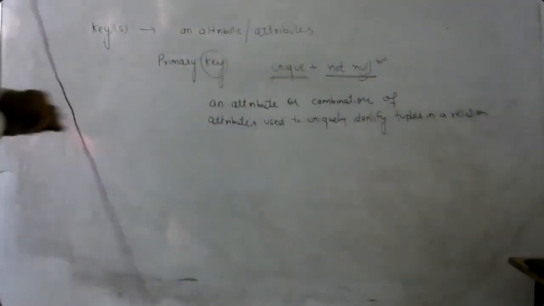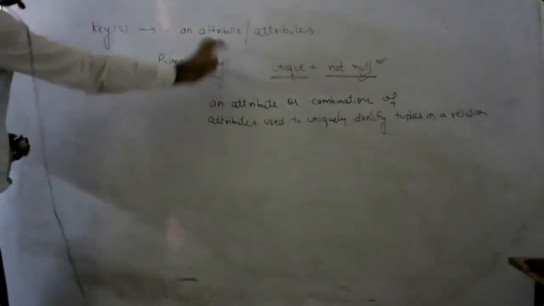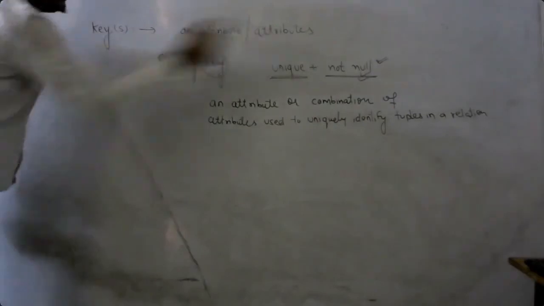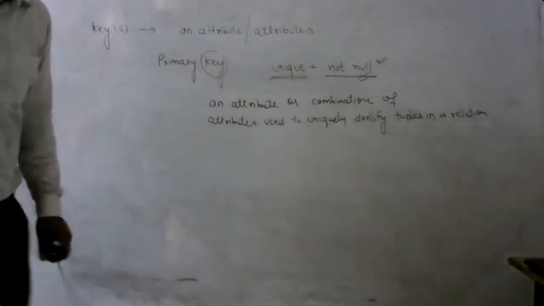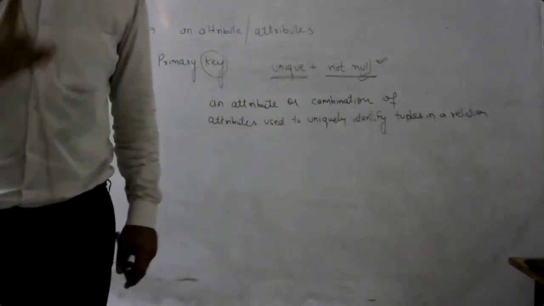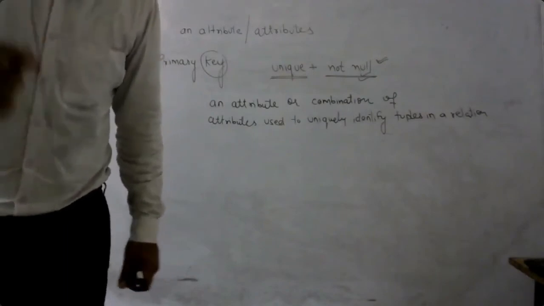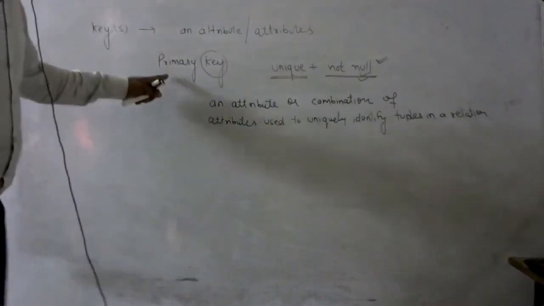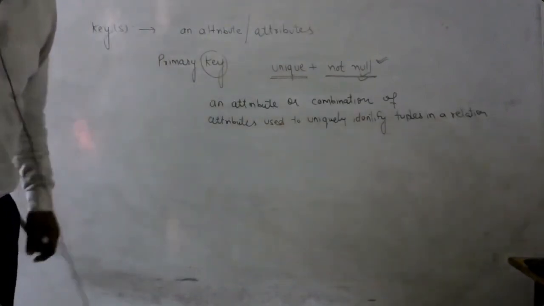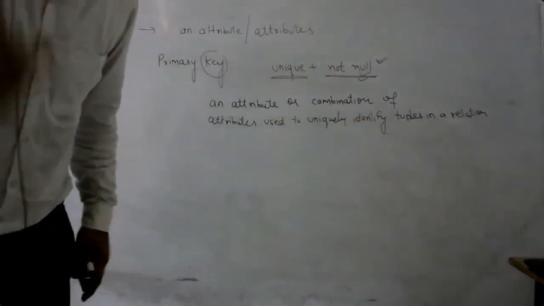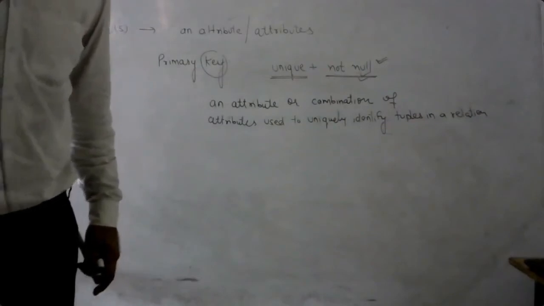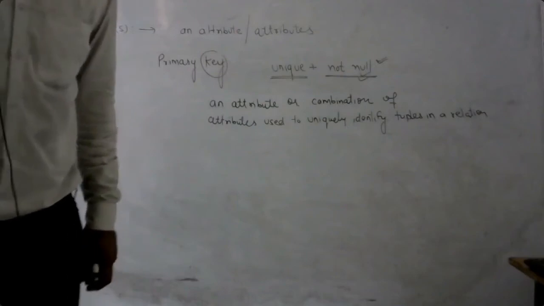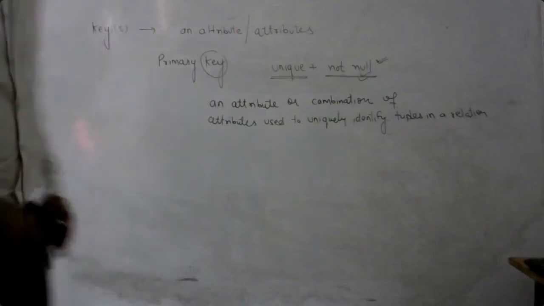When we talk about key, it means attribute or attributes. If a single attribute, a single column, is used to uniquely identify tuples in a relation, then that is the primary key. Or if a single attribute alone is not able to identify tuples, then we will use a combination of one or more attributes.